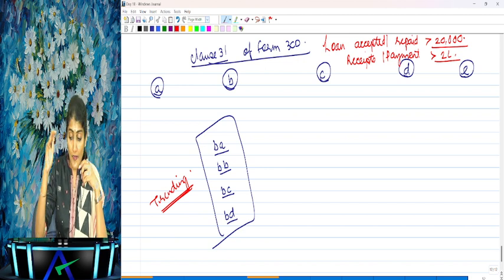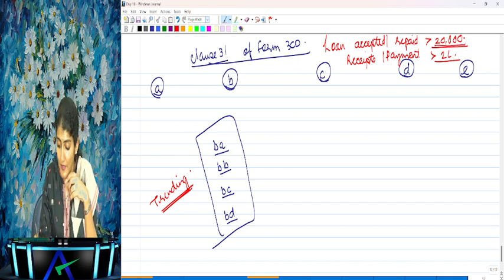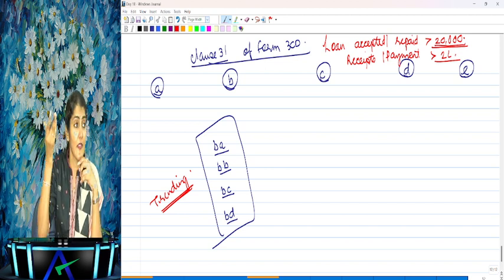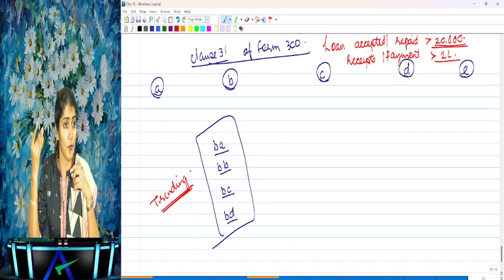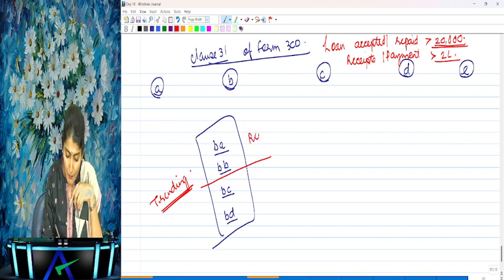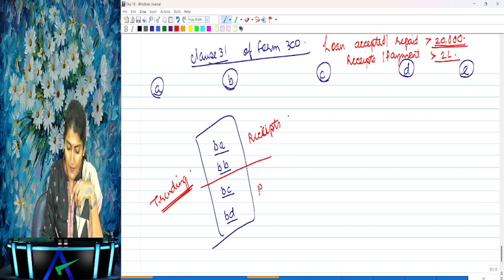So loans accepted or repaid more than 20,000 other than by account payee cheque or draft, and receipts and payments in excess of 2 lakh being made by other than account payee cheque, account payee draft, or the ECS. So that comes under 31BA, BB, BC and BD. 31BA, BB is regarding the receipts, and BC and BD is regarding the payments. Are you understanding that?